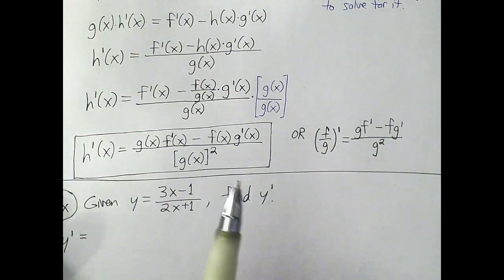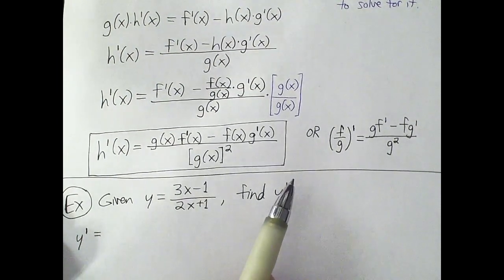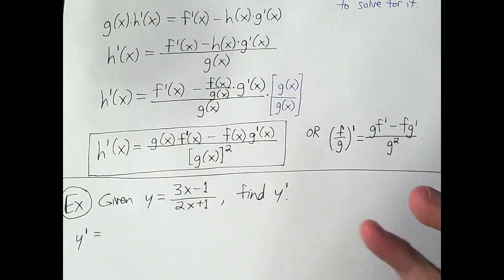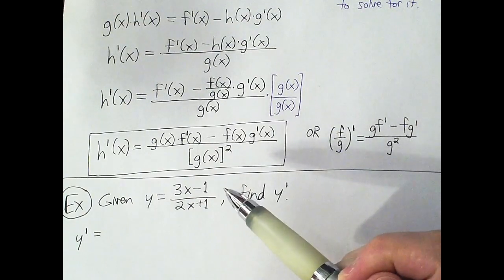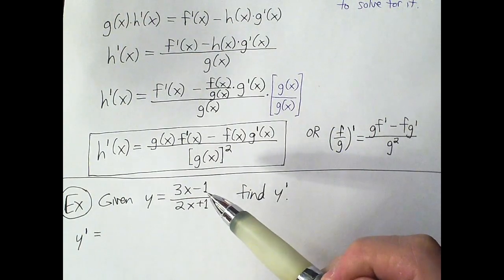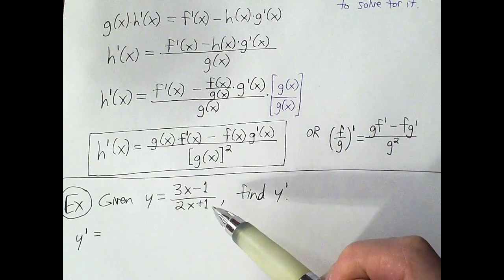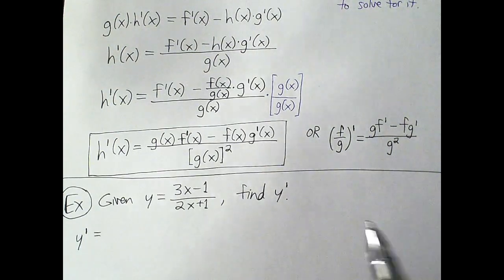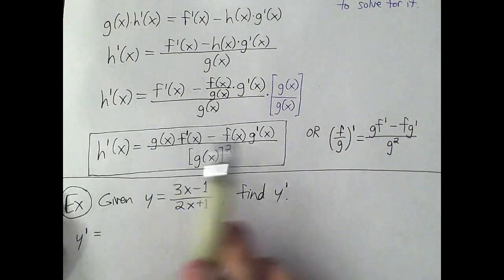So, you know how with the product rule, I was referring to the functions as the first function and the second function, f and g? For the quotient rule, I often refer to them as the top function and the bottom function. Makes sense, right? So what does this rule say?